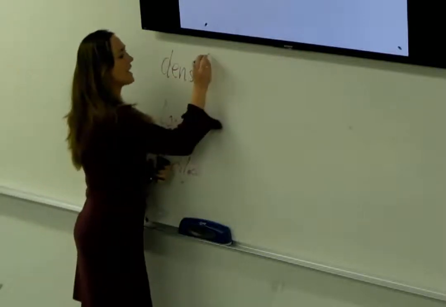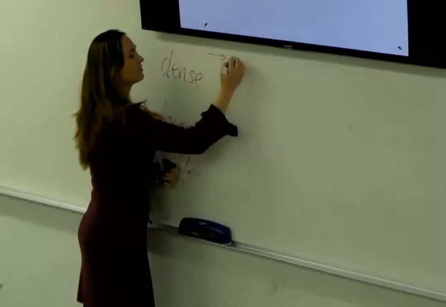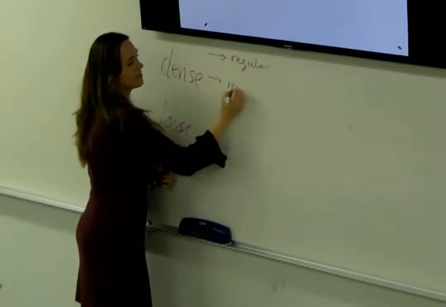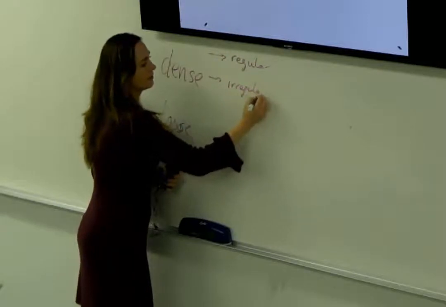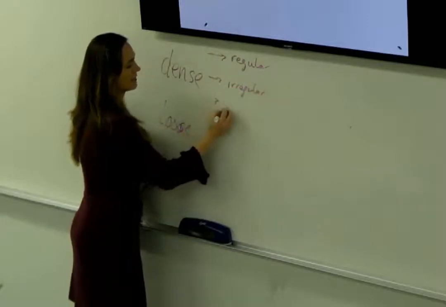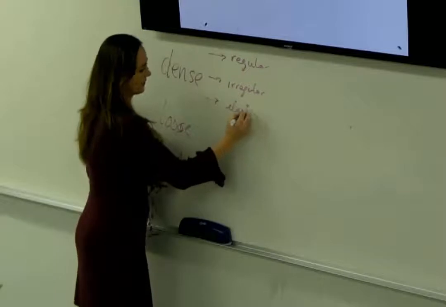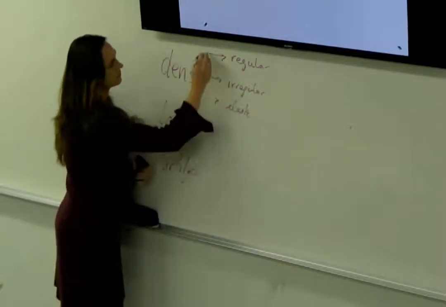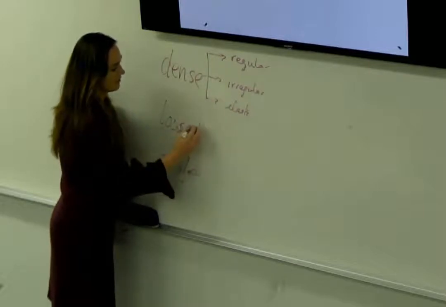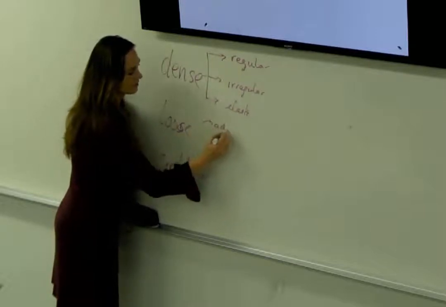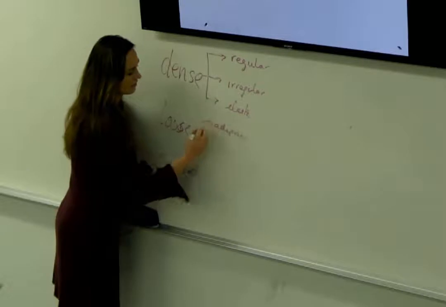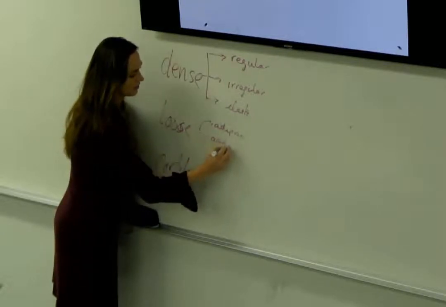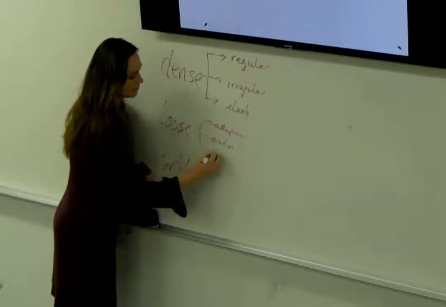If we remember the dense, we had dense regular, dense irregular, and dense elastic. Then for the loose, we had adipose. What else do we have for loose? Areolar. And then we had reticular.